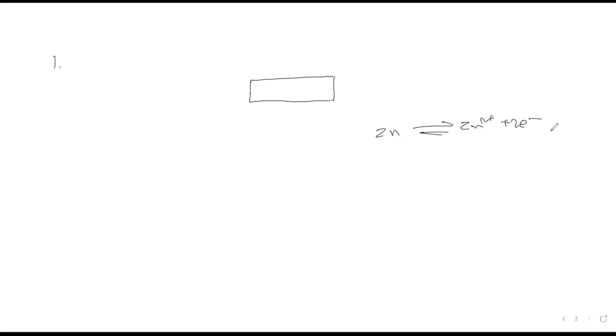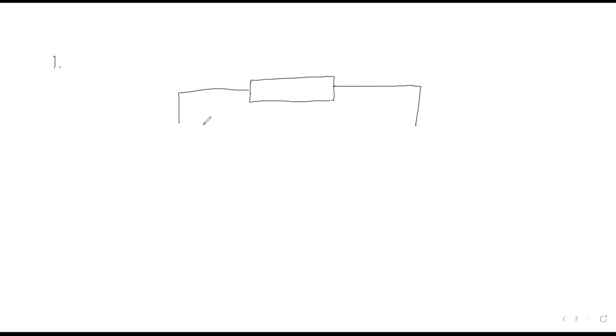Beside this equation there will be written the electric potential value, which is actually negative 0.76 volt. Using that value, we can do our calculation.